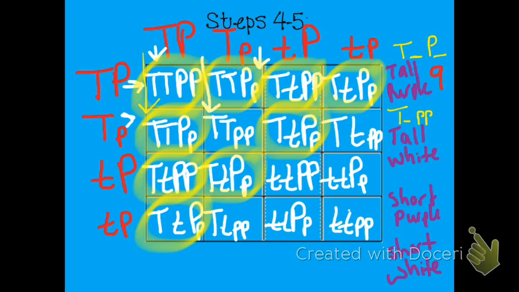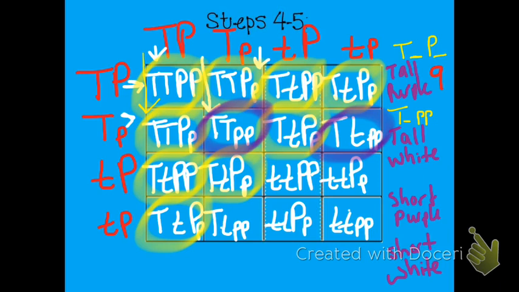Starting in our second row, since we've already circled all of the first row. The second box of our second row will count because we have at least one capital T and two little p's. And the fourth box of the second row will also count because we have one capital T and two little p's.